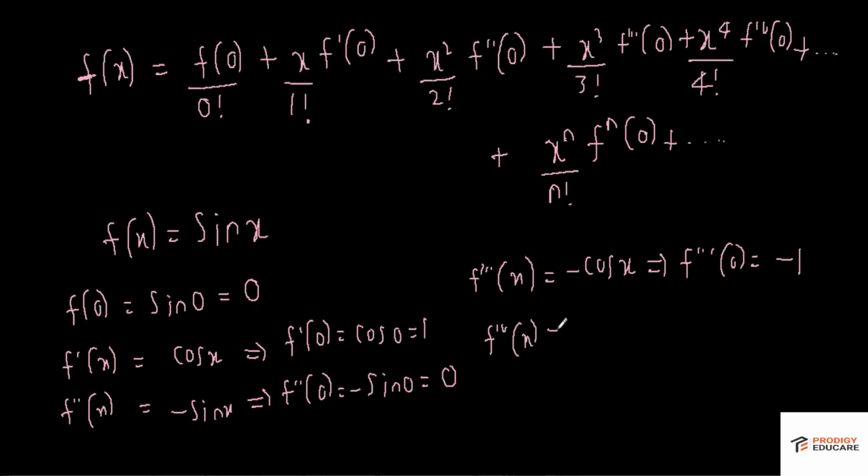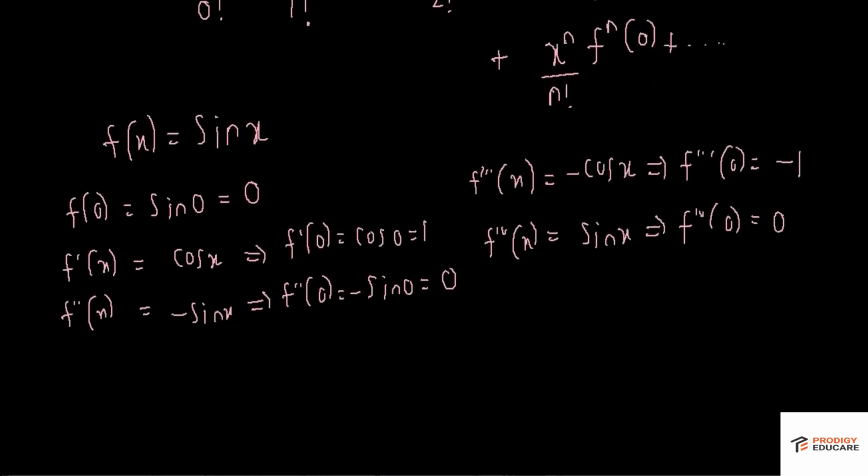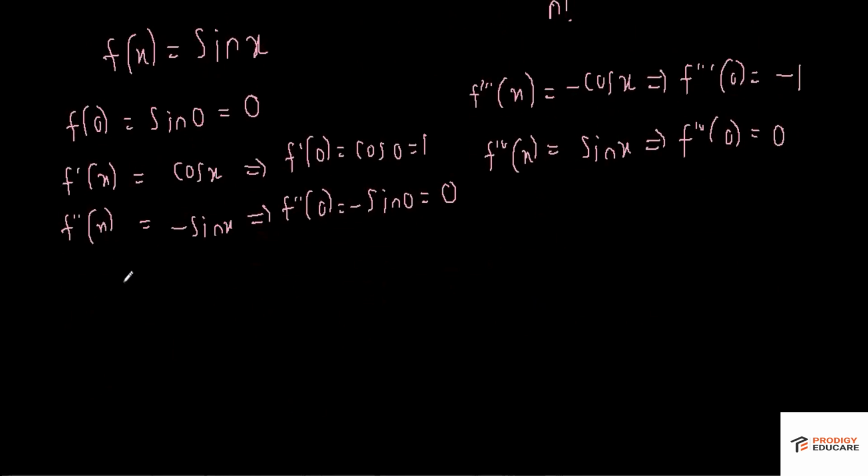That means 1 time more. The differentiation of cos x is minus sin x. That minus minus will make it plus. So I'll simply get sin x. From that I can say f fourth dash of 0 is 0 anyways, and so on. So this is the procedure to find it. So from that I'll get sin x as, I'll write f of x as sin x.